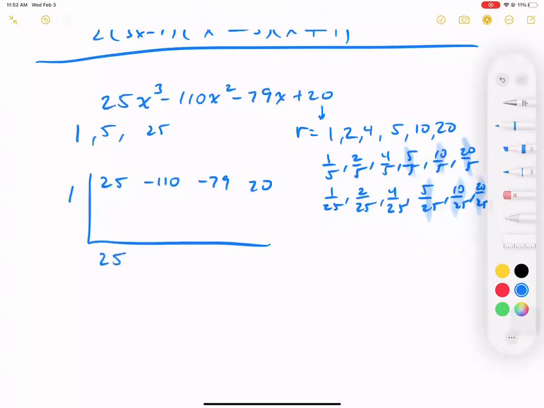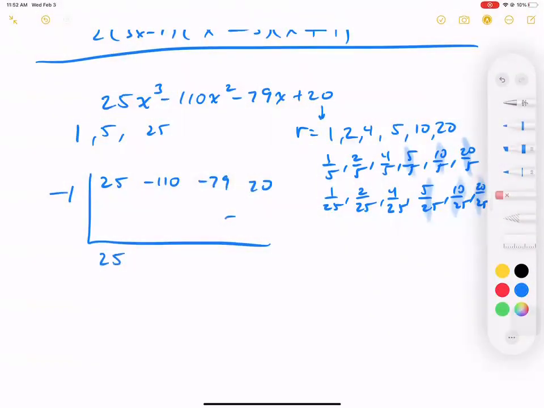First one's 25. Multiply up, 25. 75 plus 10 is 85, so negative 85. Negative 85. Do you think I'm going to get to 20? No, that's like negative 164. That's way too far off. Next. I'm going to erase some of these values.